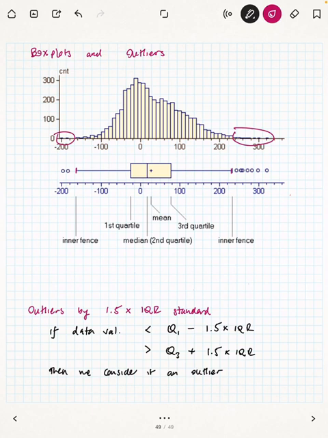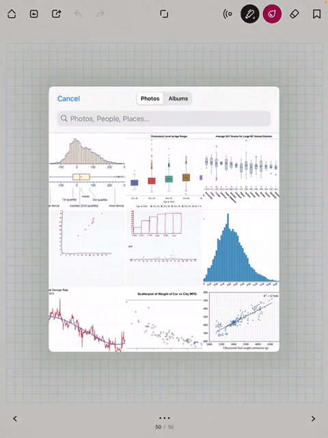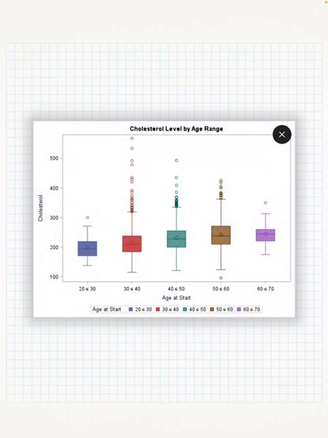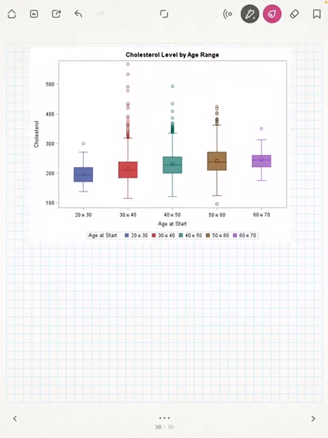Let's look at a box plot in the wild, or actually a collection of them. So I have here this sample set, and what we're looking at is 5 different data sets, okay? So represented by these colors and these different box plots.